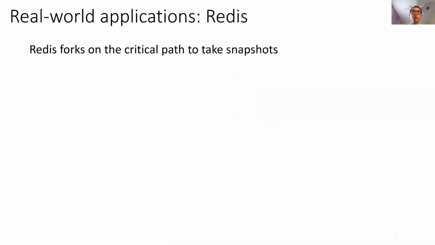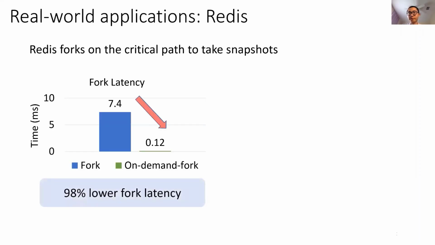On-demand fork benefits real-world applications by reducing fork latency. As we have discussed earlier, Redis is a key-value store that calls fork on the critical path when taking snapshots. In our experiment, Redis is initialized with about 1 gigabyte of data and takes snapshots periodically. Comparing fork with on-demand fork gives Redis a 98% lower fork latency when doing snapshots.